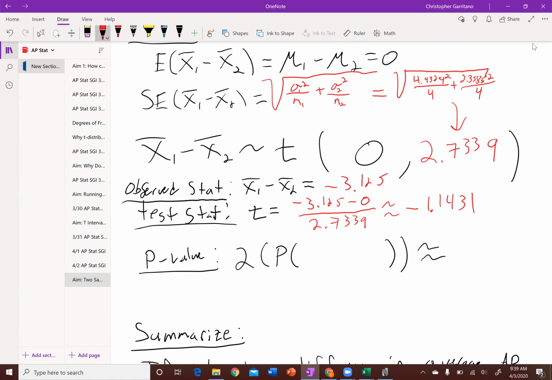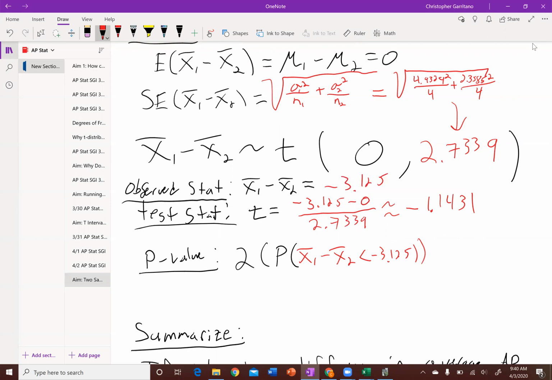So since this is a two-tailed test, I'm going to test the probability of observing this test statistic or more extreme in either direction. Or another way of saying it is, what's the probability of observing the observed stat or more extreme in either direction? So we're doing 2 times the probability that x bar 1 minus x bar 2 is less than -3.125, okay?